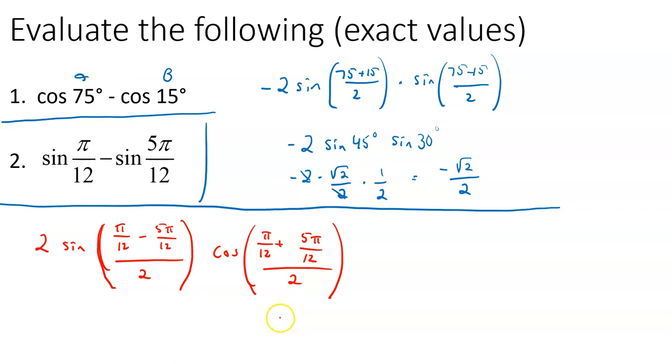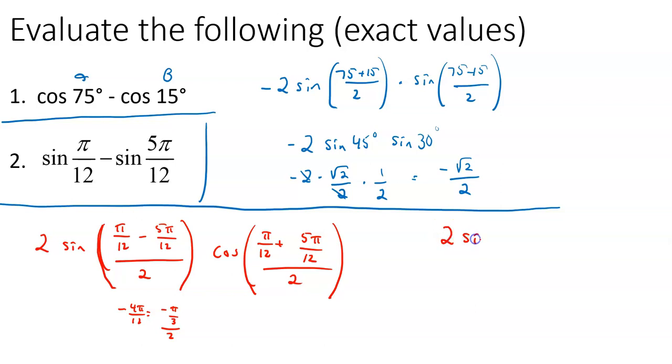All right, so the fractions are obnoxious, but other than that, it's not bad, right? On the top, pi over 12 minus 5 pi over 12 is minus 4 pi over 12. But 4 pi over 12 is pi over 3. Now divide that by 2, and you end up with a pi over 6.